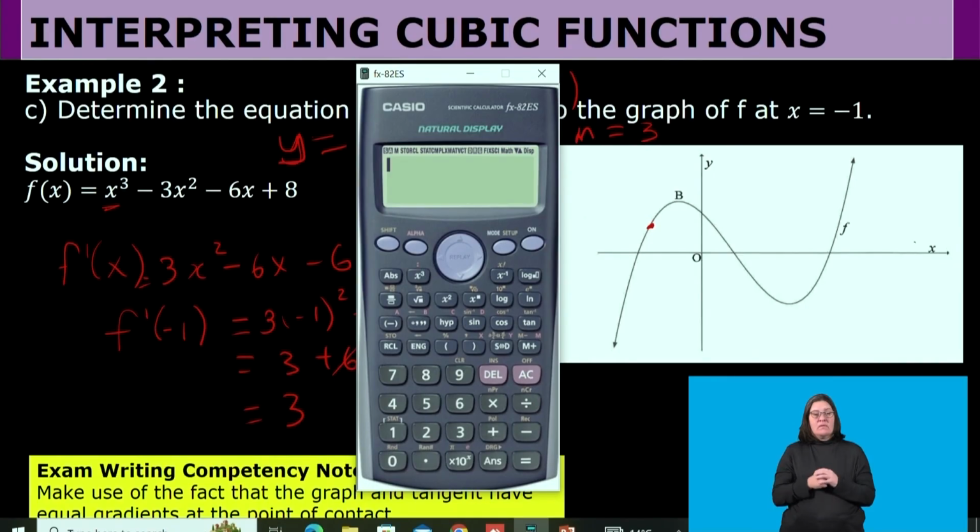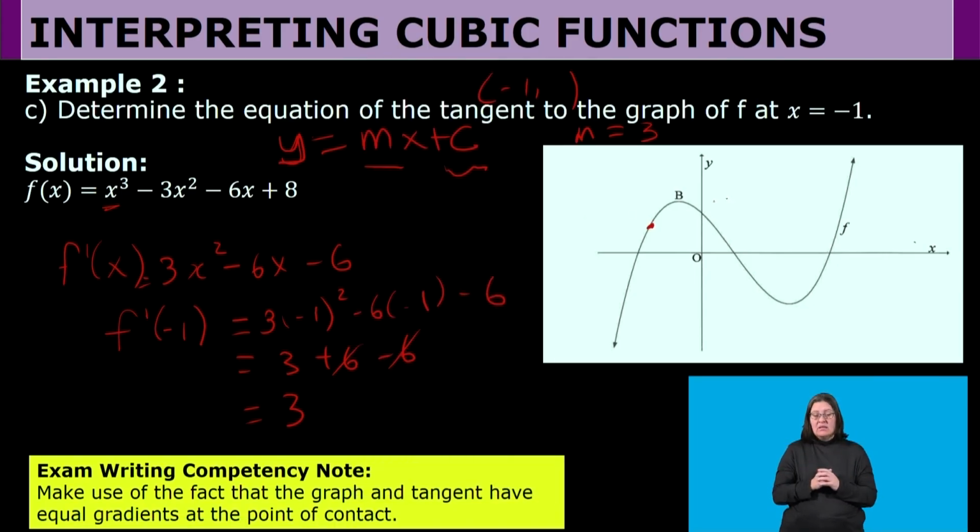We've got minus 1 that we're substituting for x. Our first term would be minus 1, minus 3, because minus 1 squared is just positive 1, plus 6 plus 8, and we end up with 10. So therefore, the y value at this point of contact is 10.